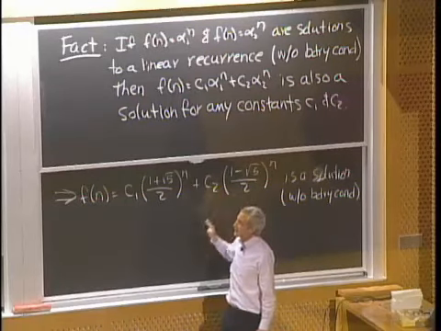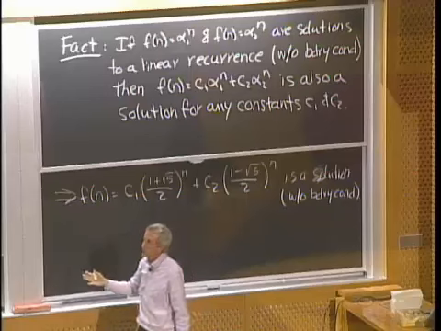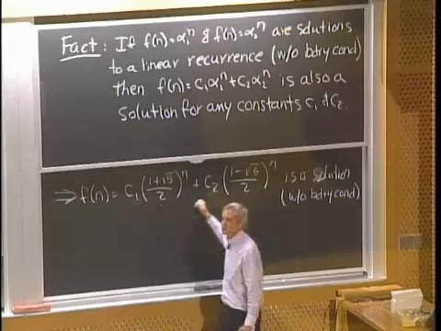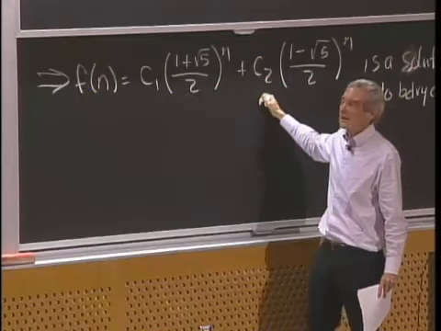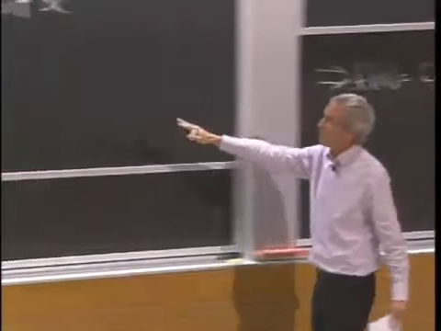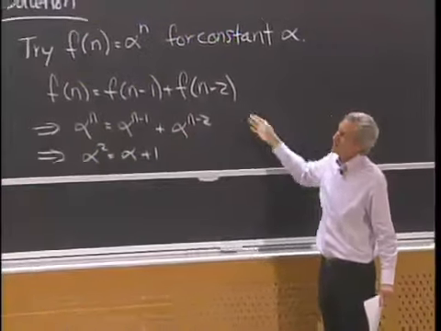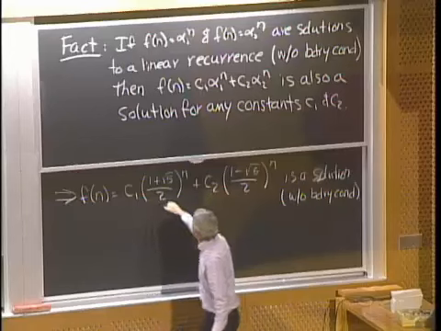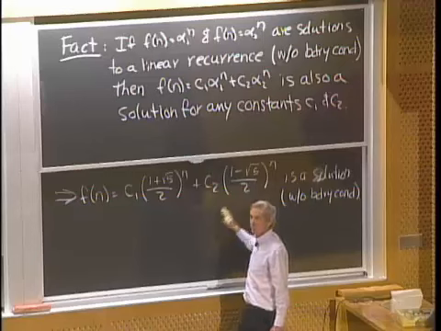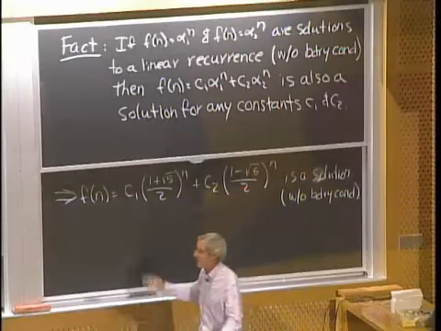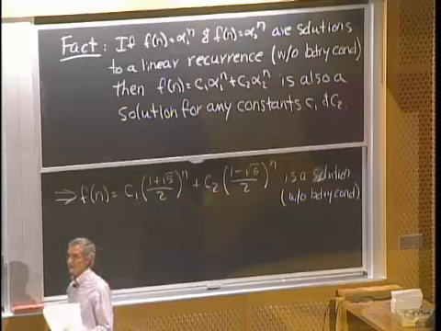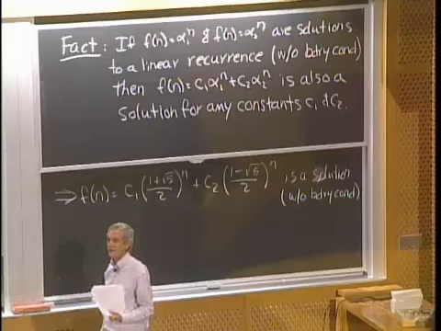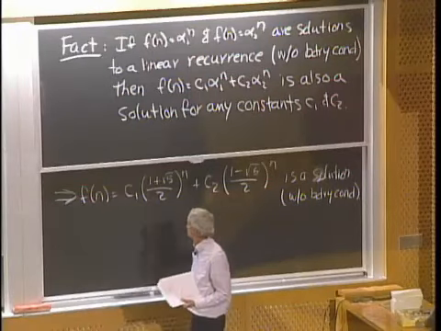If I take the version of the recurrence where F0 is 0 and F1 is 1, then C1 is going to be 1 over root 5 and C2 is going to be negative 1 over root 5. If I use this recurrence with F0 equals 10 and F1 equals 20, I get different constants. But these powers stay the same. In fact, maybe we'll make an exercise like that on the problem set to figure out what it is if I started with 10 and 20. So that's what the constants have to do. They come from the boundary condition, which is sort of a cool fact.